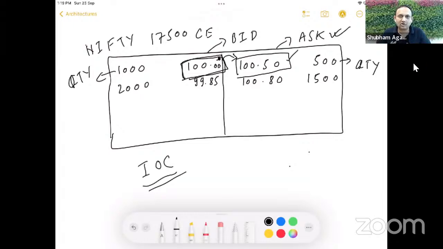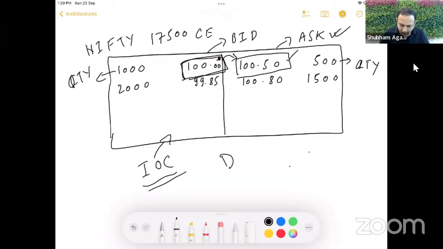If it is not, it is auto cancelled. So generally you will not be able to see IOC orders on this screen, because it never sits in the order book. But if a trade is happening at the ask price, if somebody is continuously putting IOC orders, you never see it on the screen, but the trades are happening. So we can identify that also.